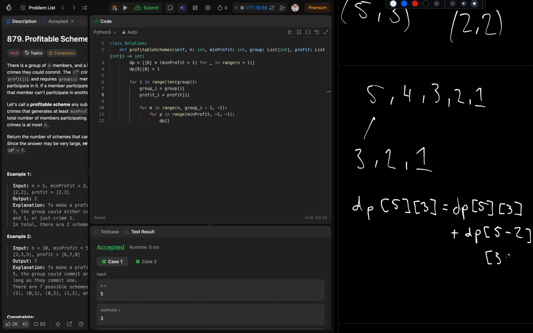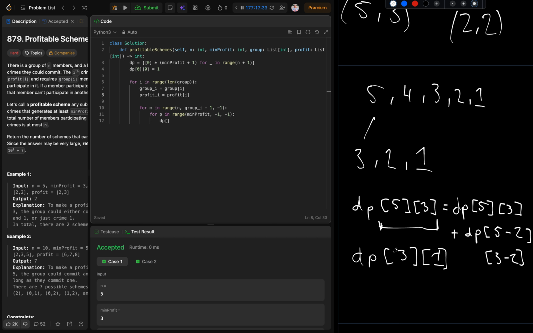And what this is saying is, if we want to get to 5, 3, the only way we can get that is if we took this crime 2, 2, from a point where we had only 3 men and 1 profit.